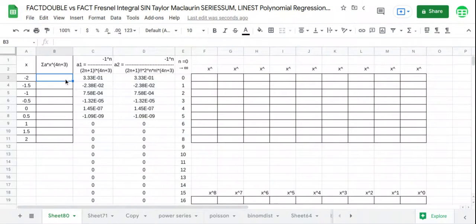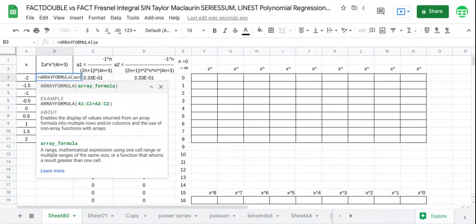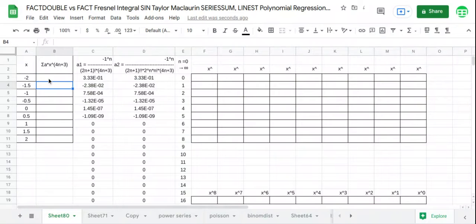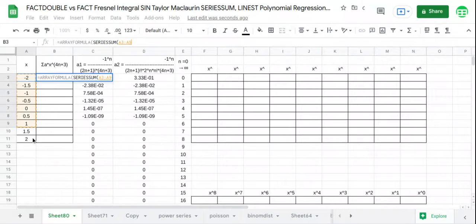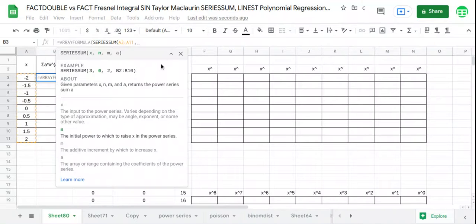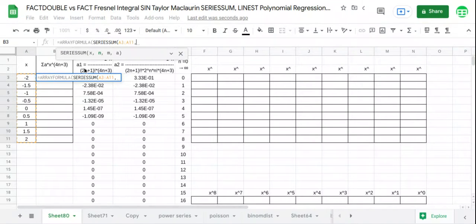Now we complete the expansion, which is equal to array formula, series sum of the x values raised to the power 4n plus 3. 4n plus 3 starts from 3, incremented by 4, because our values of n are 0, 1, 2, 3 times 4, so the increment is 4.